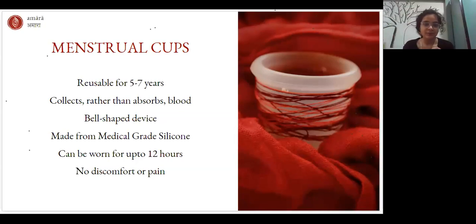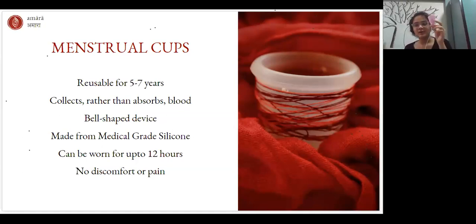And as it says on the screen, you can use them up to 5 to 7 years. If you're someone who is concerned about waste, imagine how much waste you are reducing as one person. If one person uses a cup for, let's say, 10 years, you're reducing 127 kgs of waste, which is, I think, a really wonderful thing.